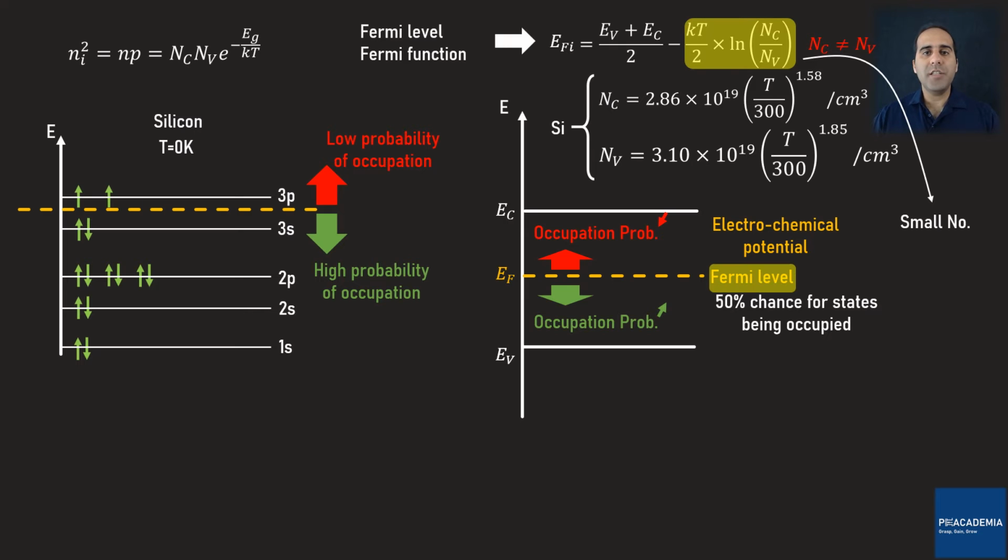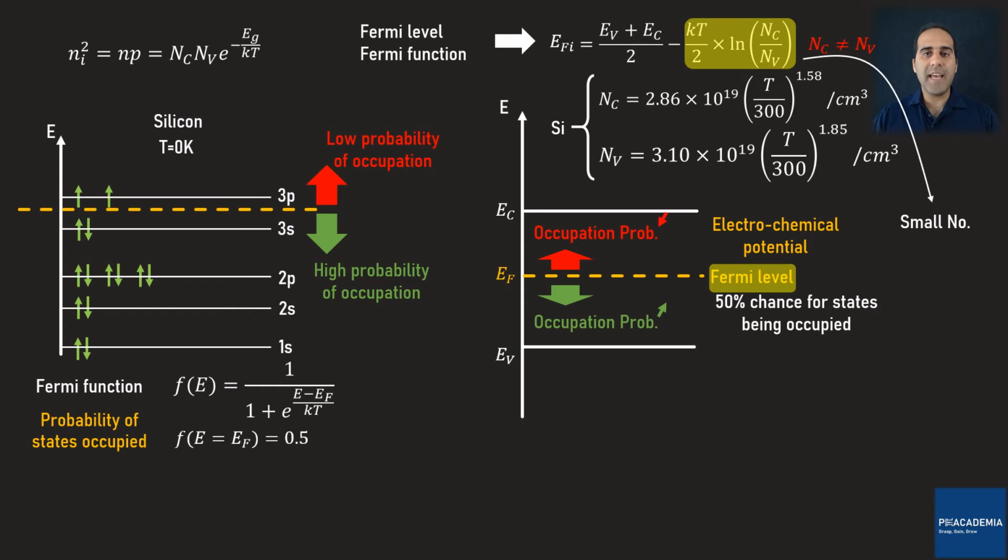This description originates from the Fermi function. The Fermi function demonstrates the probability of states being occupied at a given energy level. In this function, if E equals EF, the Fermi level, the function yields half. If E is much larger than EF, it yields 0, and if E is much smaller than EF, it yields 1.